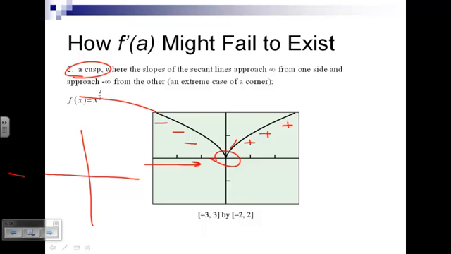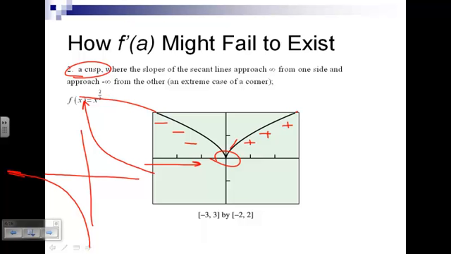But as we approach 0, the function's going down like that. The slopes are getting bigger and bigger and negative. And then over here, we're positive and getting flat, so we're approaching 0. As x approaches 0, the slope function is going up like that.